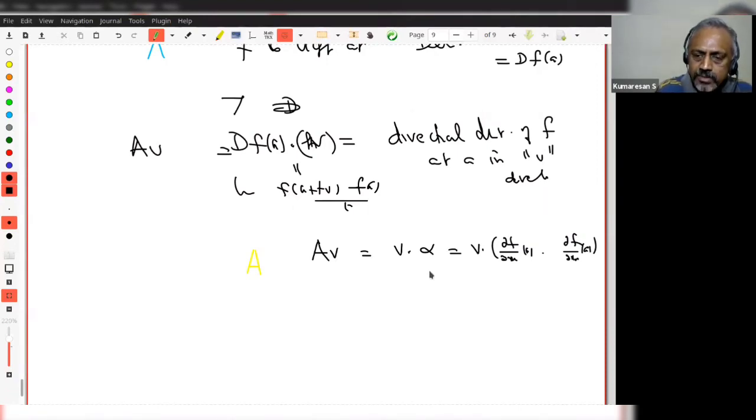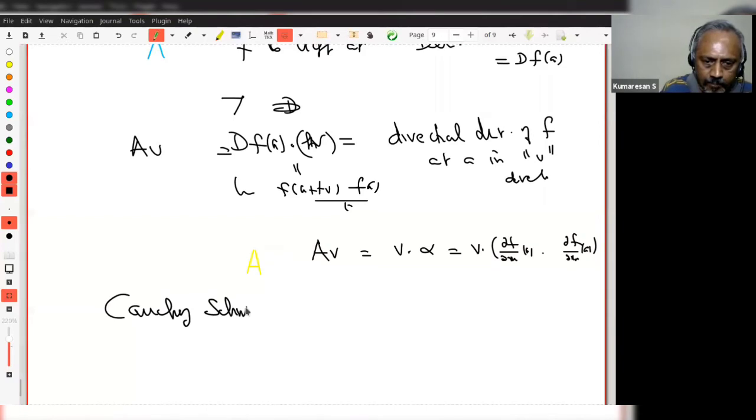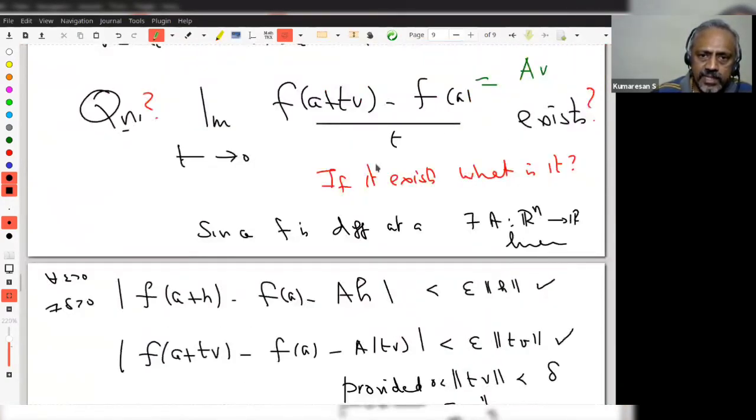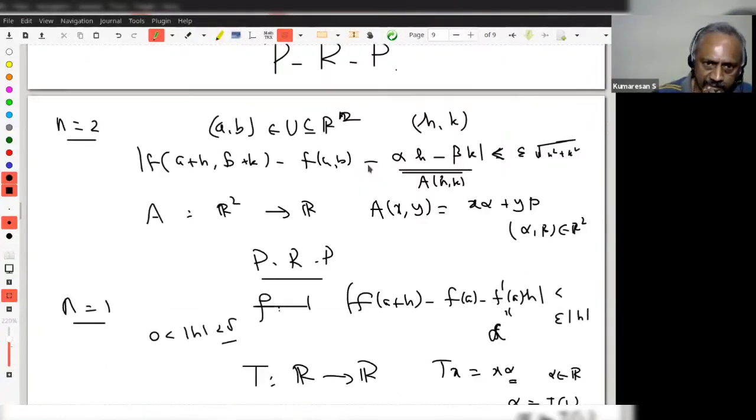So I want to say when this number is maximum. That is what the Cauchy-Schwarz inequality tells me. It says modulus of v dot alpha is less than or equal to length of v into length of alpha, right? That is what the Cauchy-Schwarz inequality said.